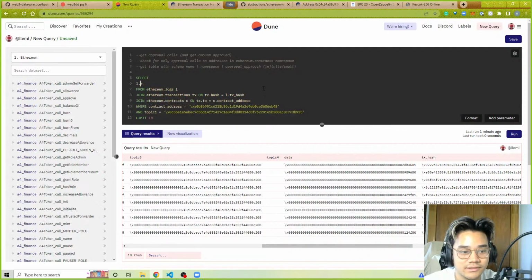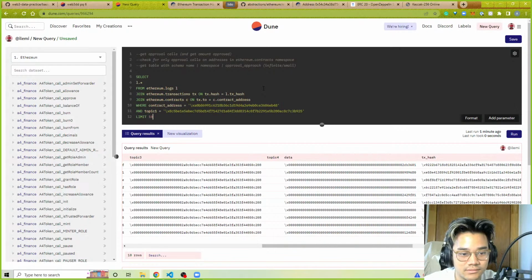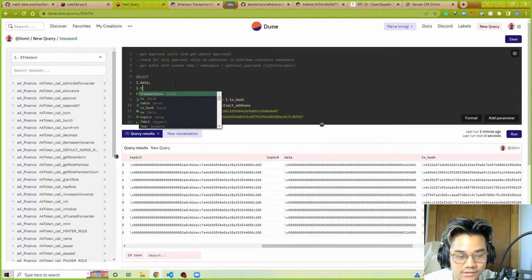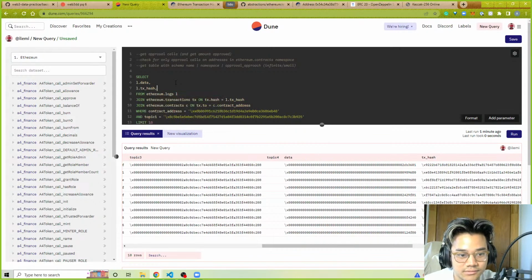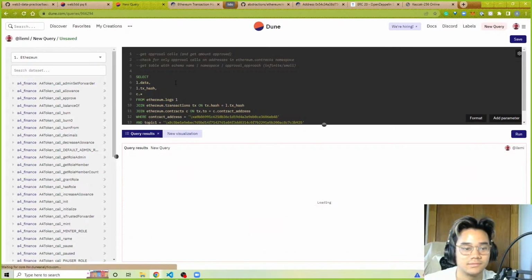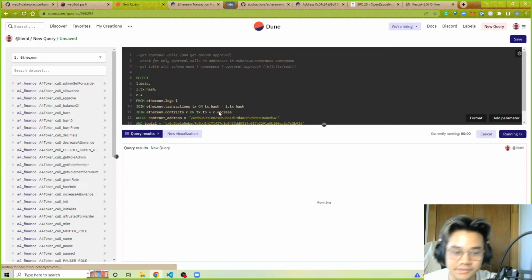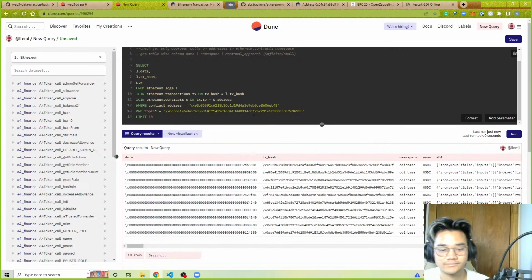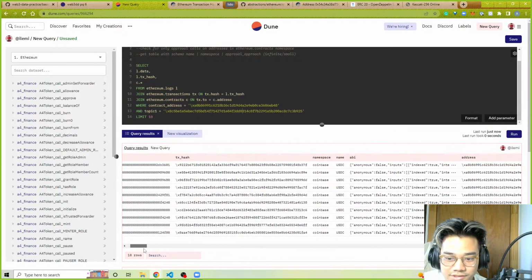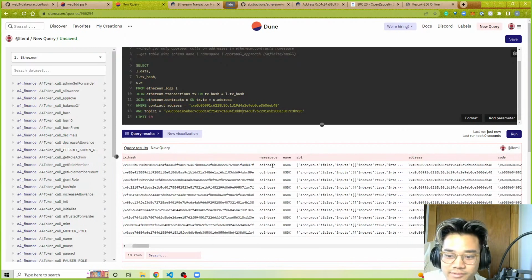Right, so let's do l dot data. l dot transaction hash. And then c dot contract address doesn't exist. Maybe it's just c dot address. All right, so we have the transaction hash and we have namespace.